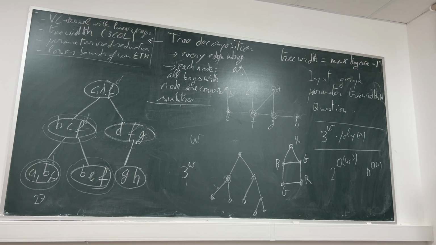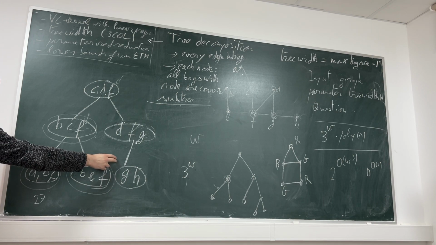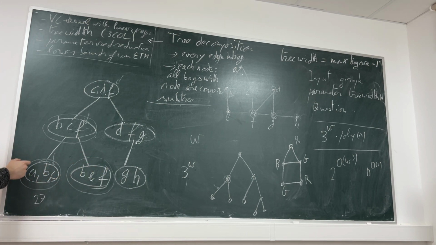I mean, we return sets that satisfy each node. Here we return three sets: B, E, F. Here ABC. Then we somehow merge it.